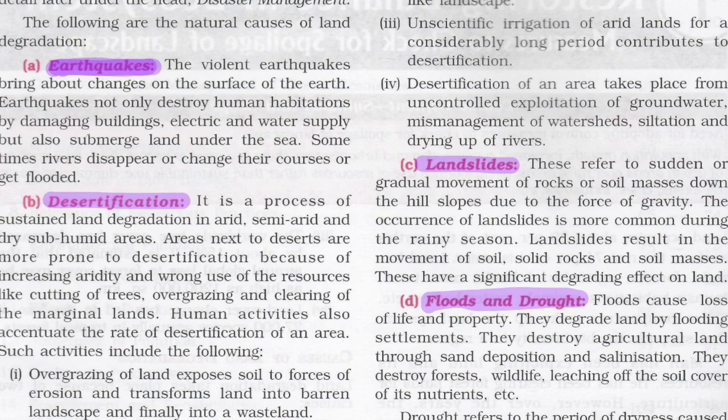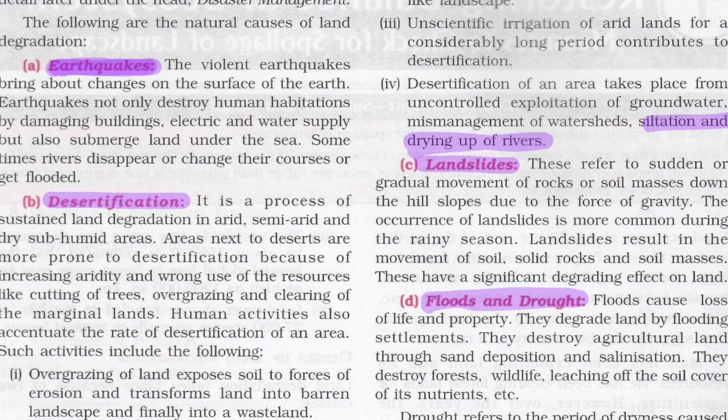Unscientific irrigation of arid lands for a considerably long period contributes to desertification. Desertification of areas also takes place from uncontrolled exploitation of groundwater, mismanagement of watersheds, siltation and drying up of rivers.